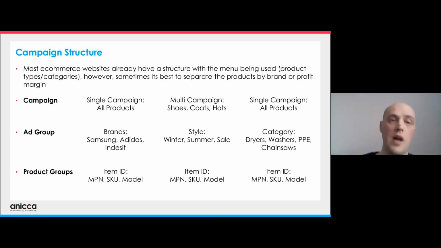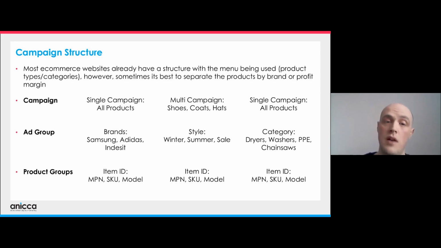So if you're doing a single campaign with all your products in, and you separate it by brand, you always want to make sure that you're separated by MPN at the end, because you can then do some product optimizations. But then you've got the option to have multi-campaign as well. So you might want a campaign for shoes, coats, and hats. You might want a campaign just for those brands, because if you've got Samsung, it may contain multiple other things.